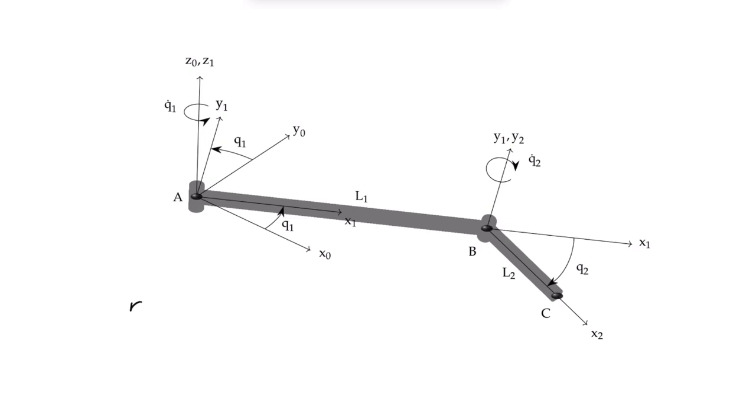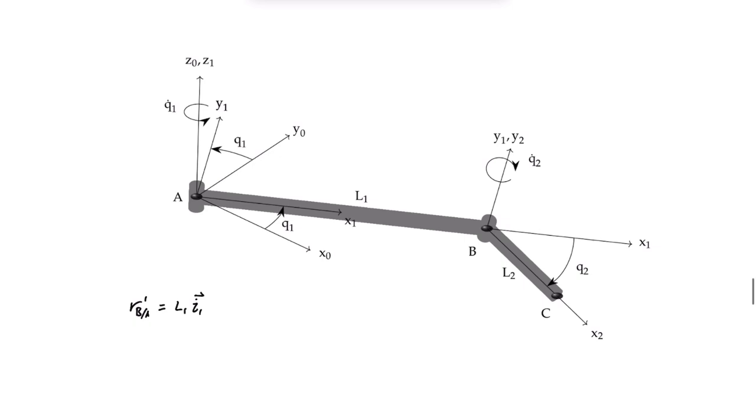So the vector from A to B using reference frame 1 is equal to, so you see that you only follow the x1 here with a length of L1. So it's L1 multiplied by the unit vector in the x direction for reference frame 1.